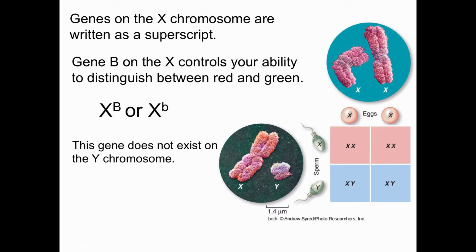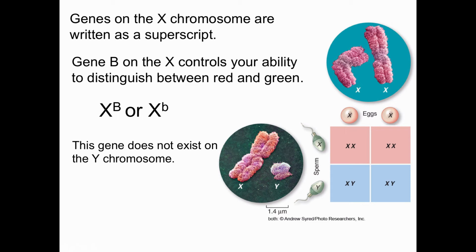So this is color blindness. This is a very common X-linked recessive disorder. So the options are the big B if they can see, if they're not colorblind, if they can distinguish between red and green, and a little b if they cannot.